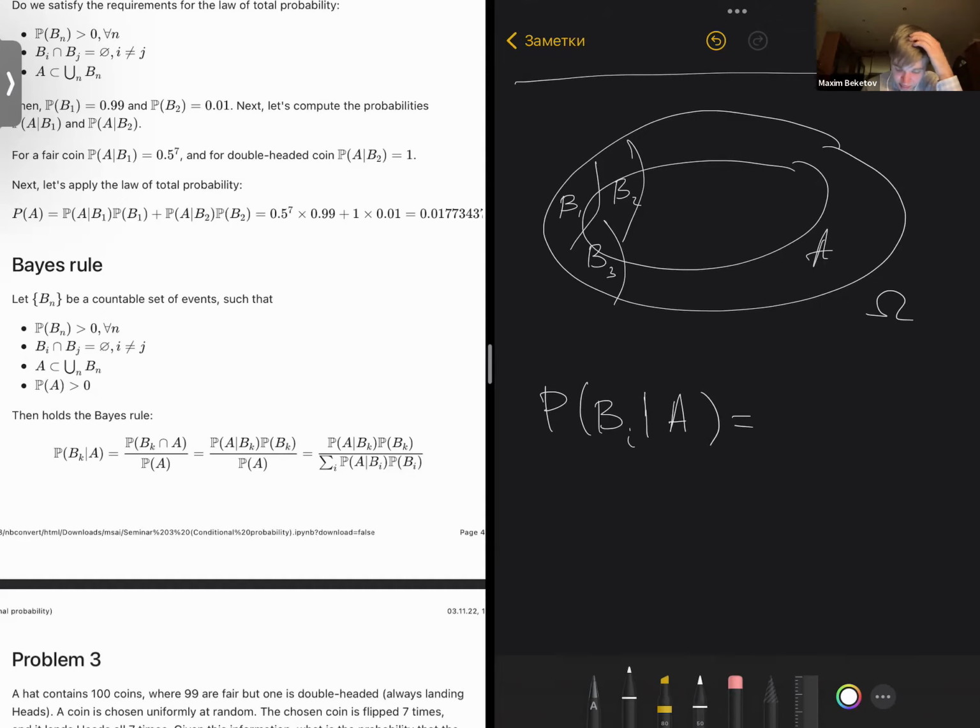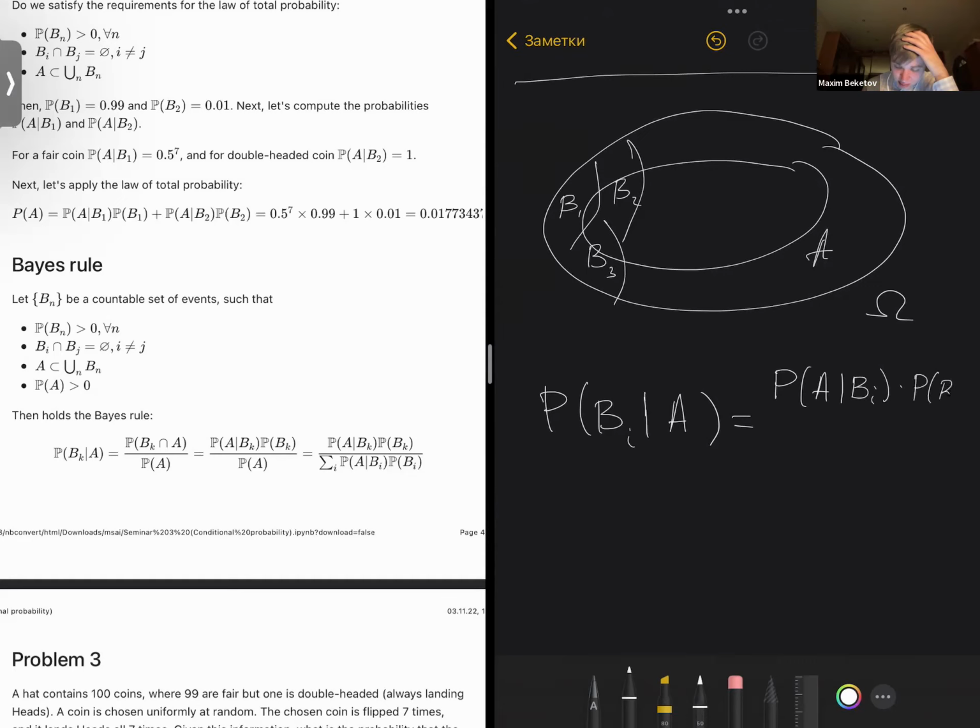But using Bayes' rule, you can say that the probability of the intersection is the other order of the conditional probability.